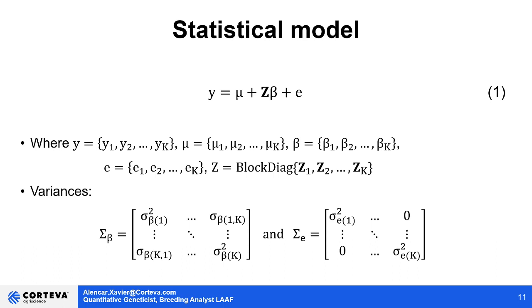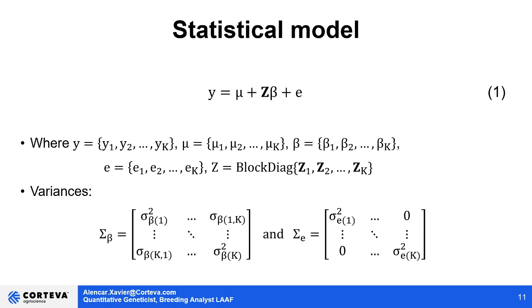Alright, so how does this ridge regression model work in the multivariate framework? The model looks pretty much like a univariate model would look. You have your response vector y, which corresponds to the phenotypes. We have the mu, which is the overall mean or intercept. Beta here corresponds to the marker effects.